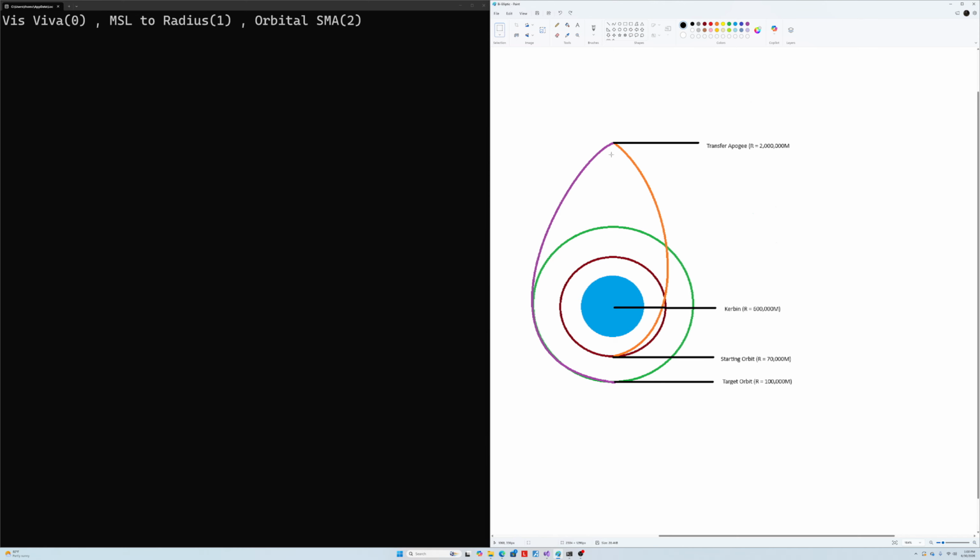That is in terms of semi-major axis, not meters above mean sea level. In this particular case, for simplicity, I've elected to make that altitude about 2 million meters.